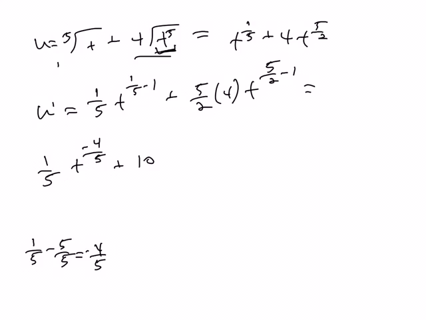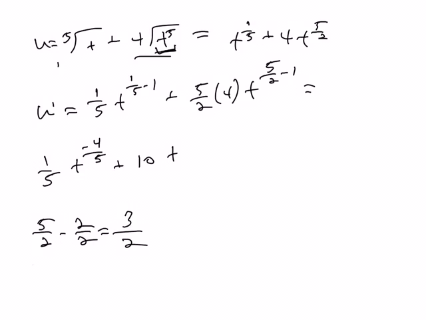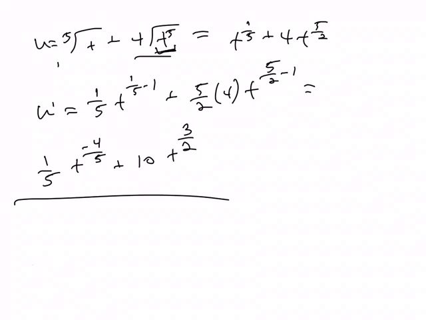So this is going to give me 10t, and then over here we're going to have 5/2 minus 2/2, which gives me 3/2, so plus t to the 3/2. So that gives us what we need. So this is problem 19.